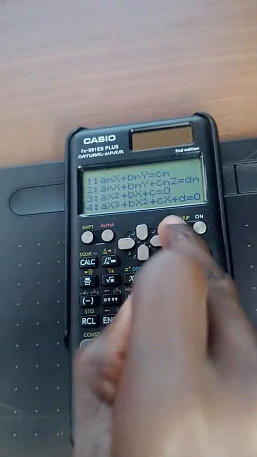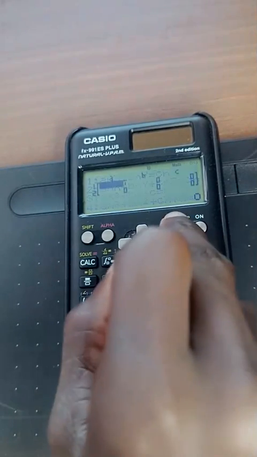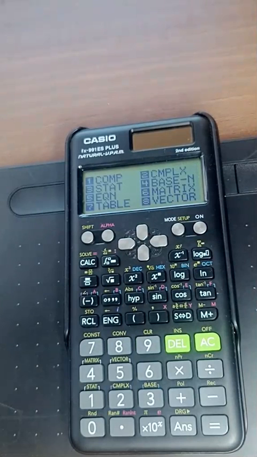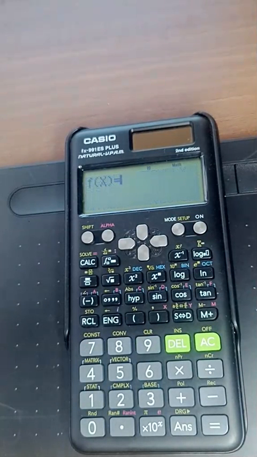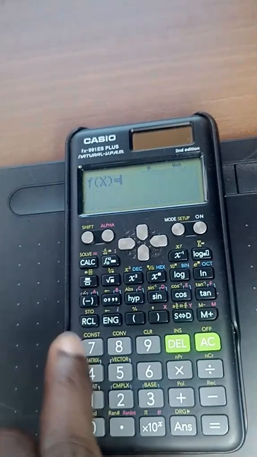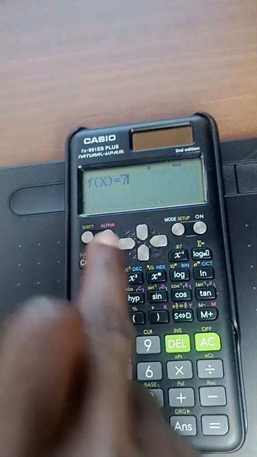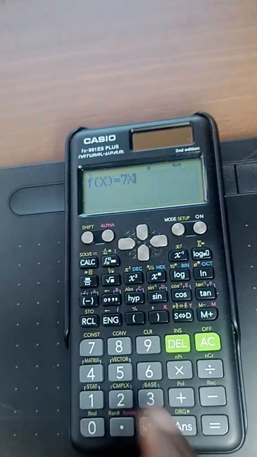So let us go back to mode. If you go back to mode, next we have table mode, which is number 7. We use table mode to generate a number table based on one or two functions. When you are required to generate a table, for instance, let's press number 7, and you can enter your equation, for instance, alpha x plus 3.